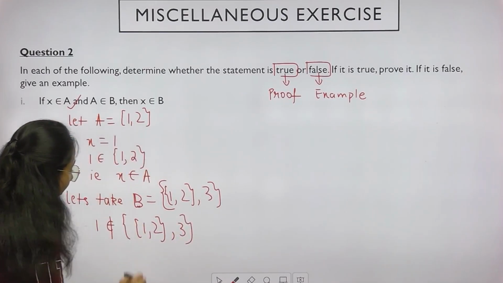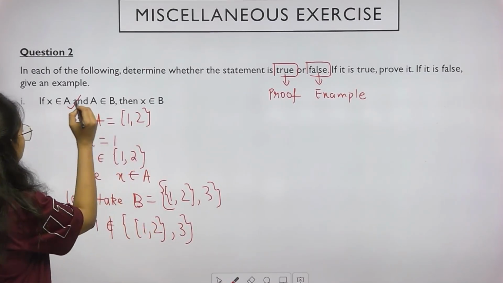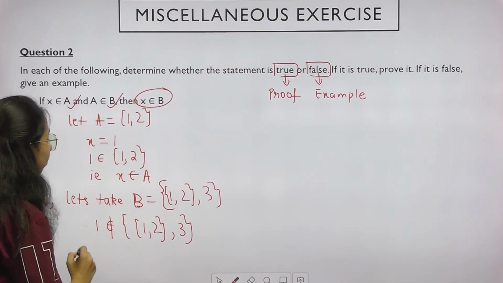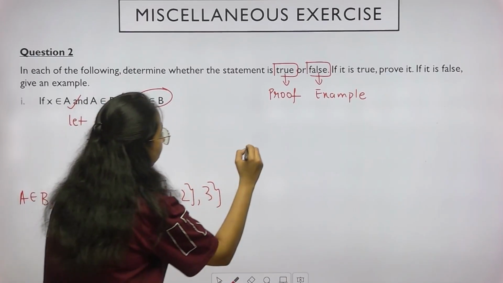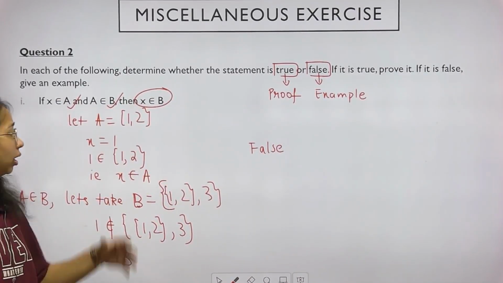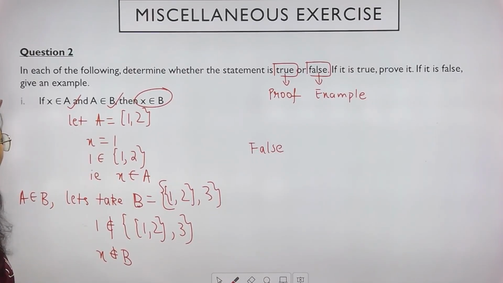No. 1 does not belong to this particular set. So clearly x belongs in A, but x does not belong in B. Therefore this particular statement is absolutely false. So here is a counter example of the same. Moving on to next part.